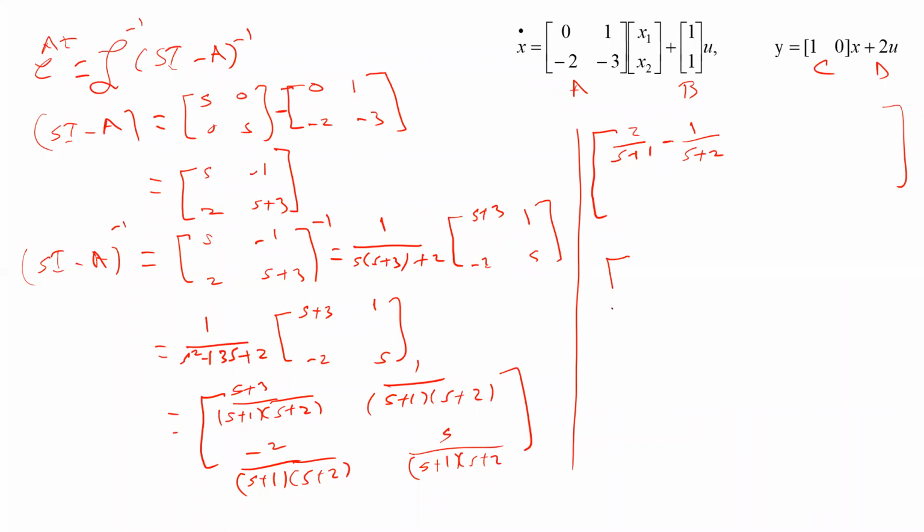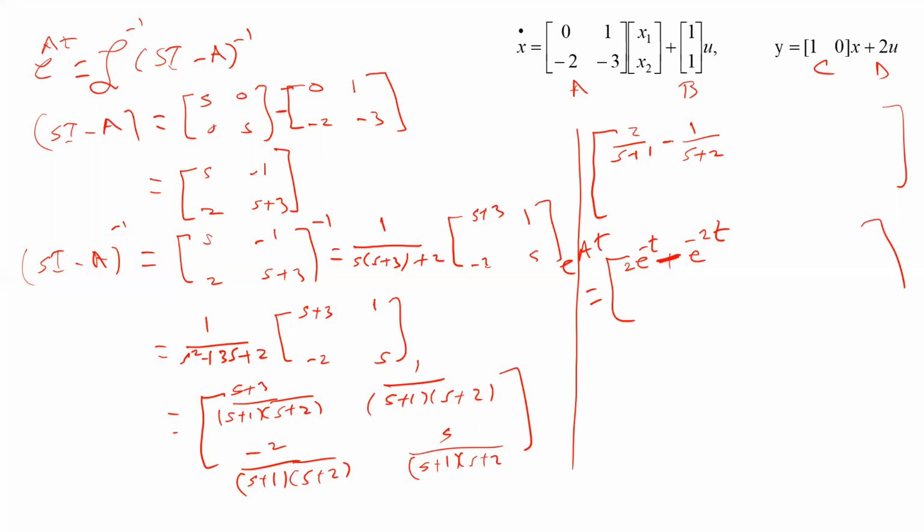Now, tell me what's the inverse of this one? It's 2e to the power minus t, plus minus e to the power minus 2t. And then you get the rest. Any question here, Shabab?